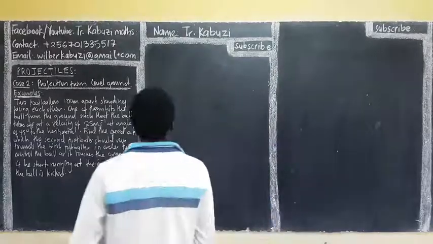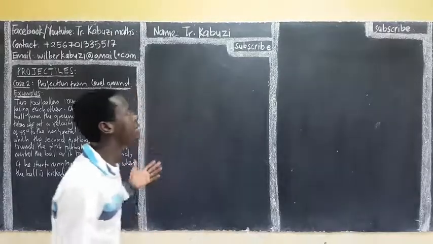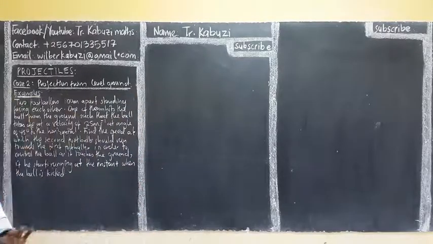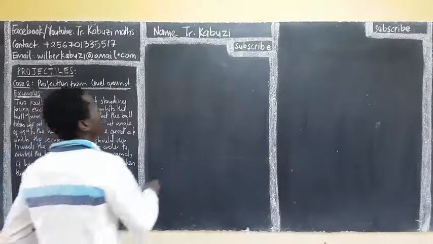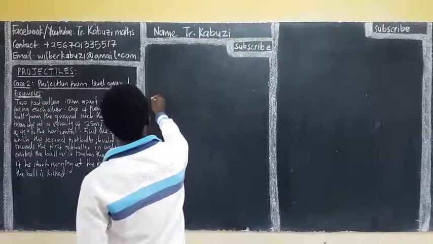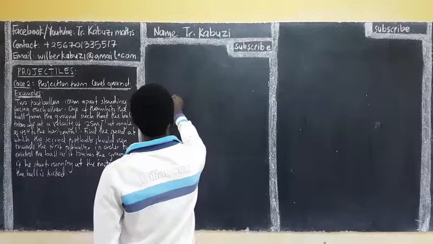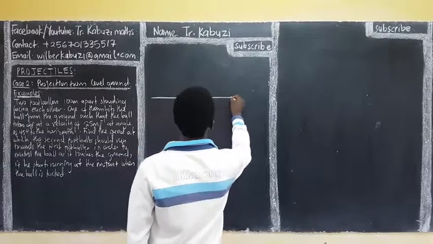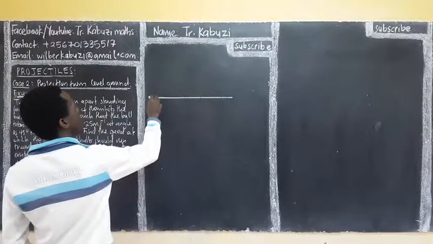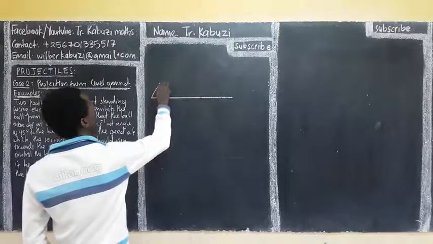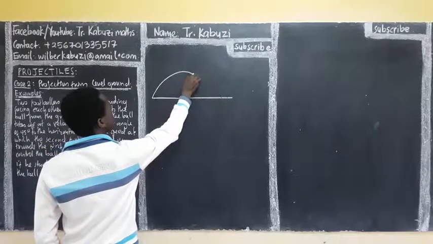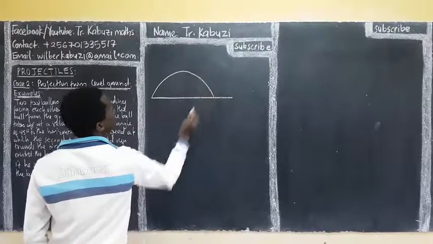So here we need to just sketch. If you know the formula for getting the range and so on, then it's going to be very easy for you. So now we start by doing our sketch here. This man is going to kick a ball like this, then it will reach a maximum height and then it falls.